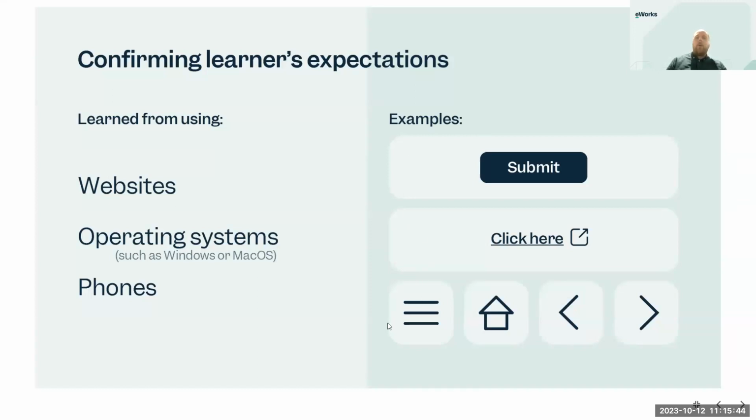And then we've got these icons, which individually are quite simplistic, but when placed together, they take on additional meaning. And even though they don't have any text associated with them, most people probably know what they're going to do. So I'm not suggesting that you have to use these symbols, but it helps to recognize them as shortcuts to having your learner understand how to interact with your content.